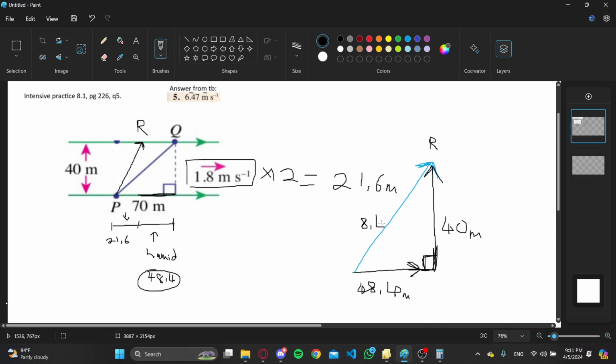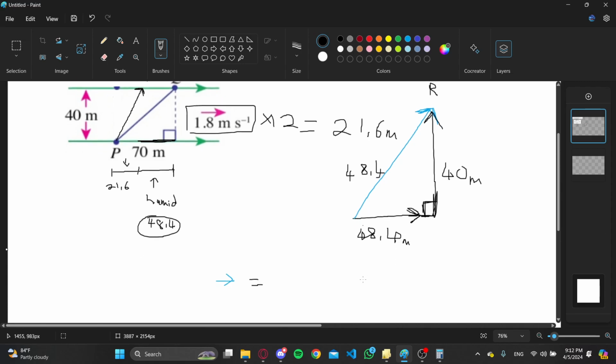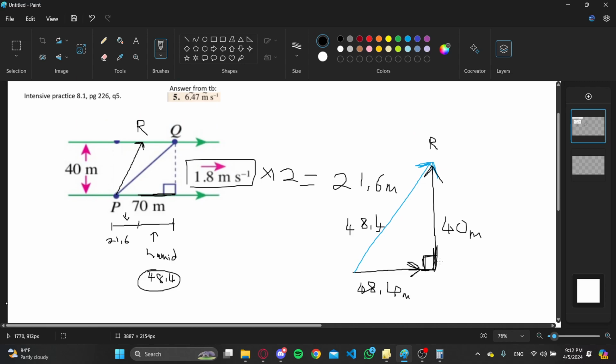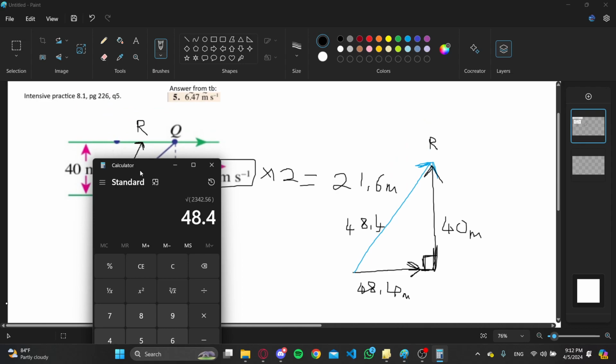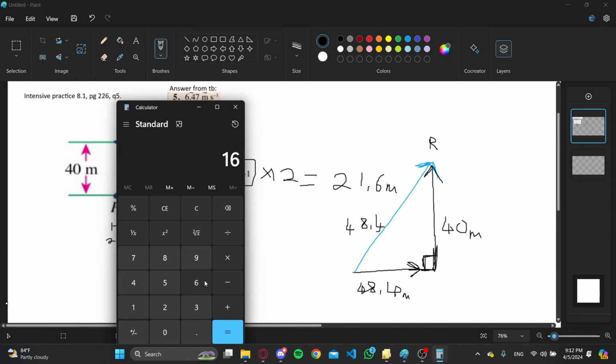There's no way this is right. Like, the hypotenuse of a triangle has to be the longest. Okay, 40 squared plus... okay, you know what? 48.4 squared.